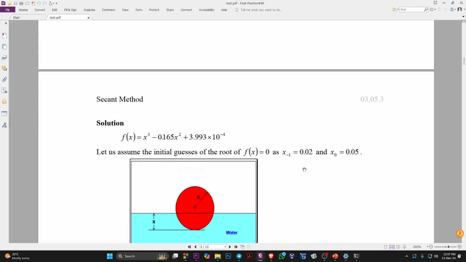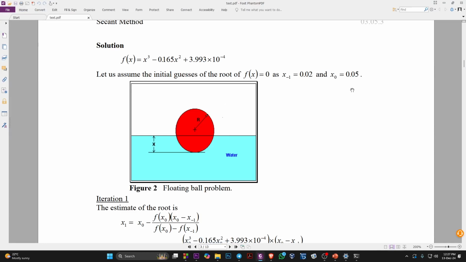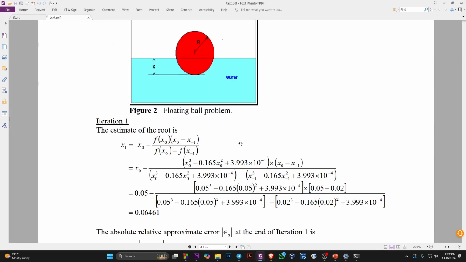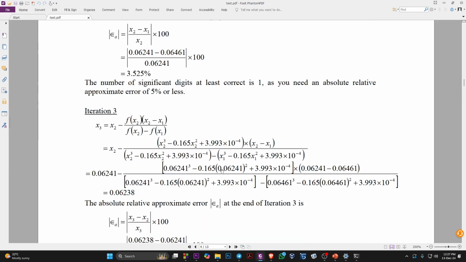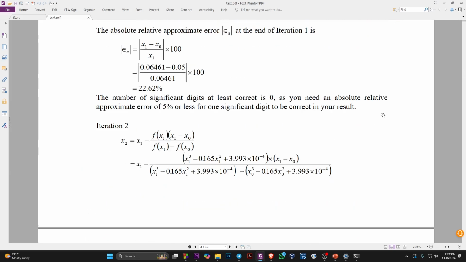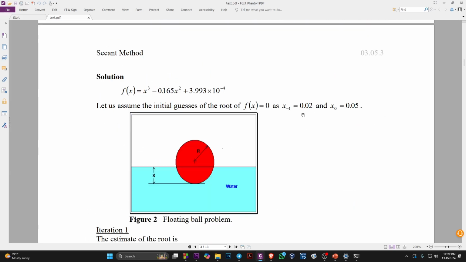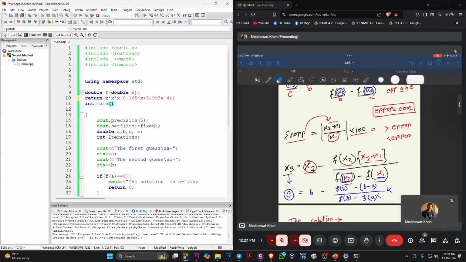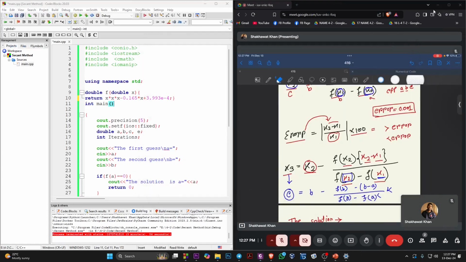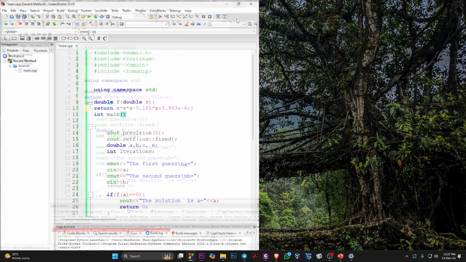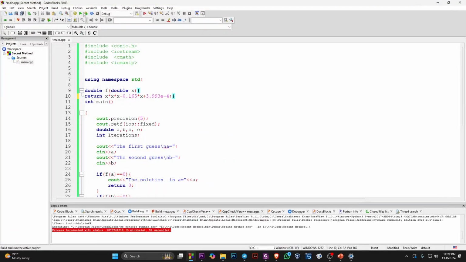As this problem was done manually in this solution, we will solve this problem using my C++ coding. Okay, in that case my initial guess was 0.02 and 0.05. Okay, fine. I will run this problem.